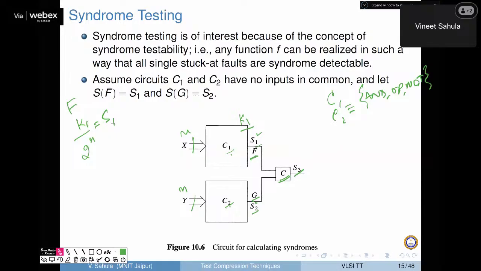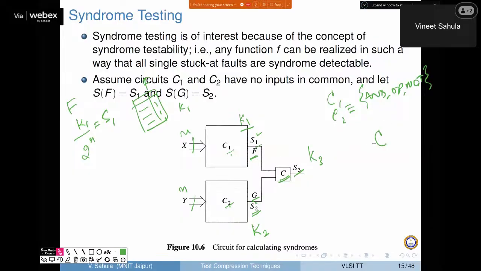That simply means that if I look at the truth table of function f, function f has ones at only K1 places. So only K1 minterms are used for f. Whereas for g, K2 minterms are used. Right? To find out K3, let us say C is an OR gate.